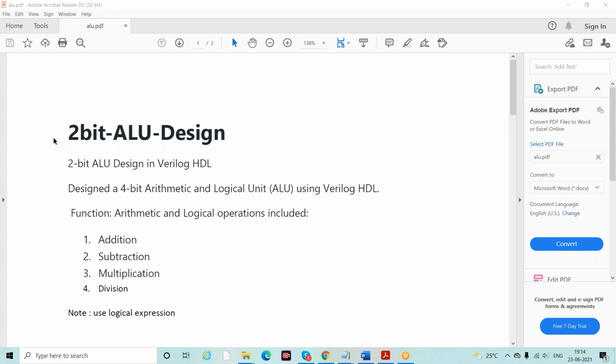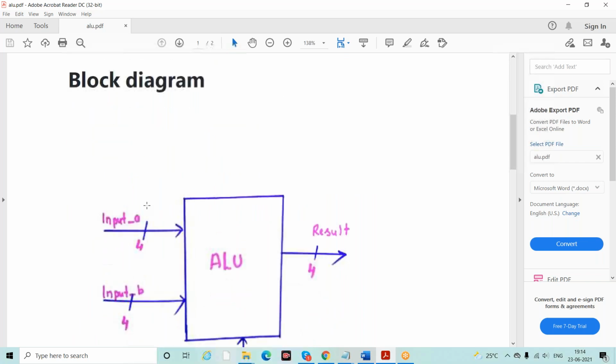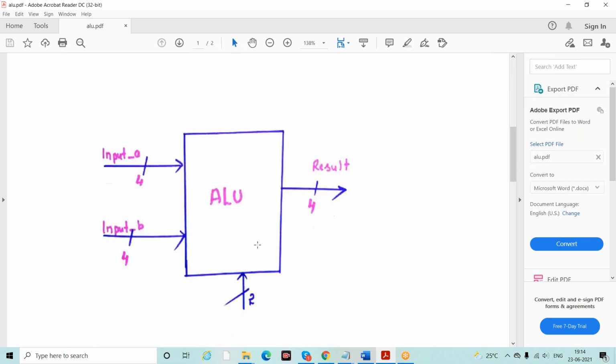That means it is designed with 4 bits. See now, this has 2 inputs.